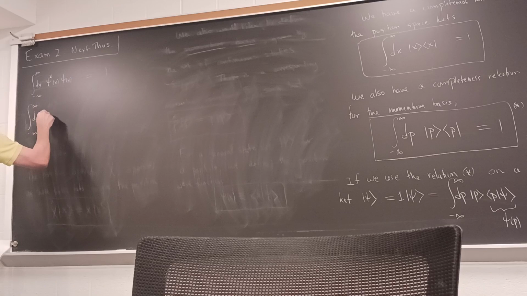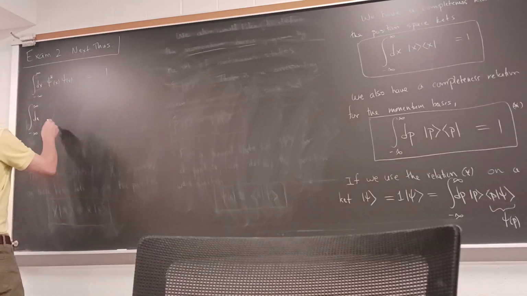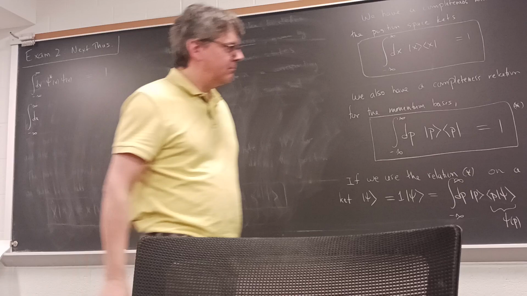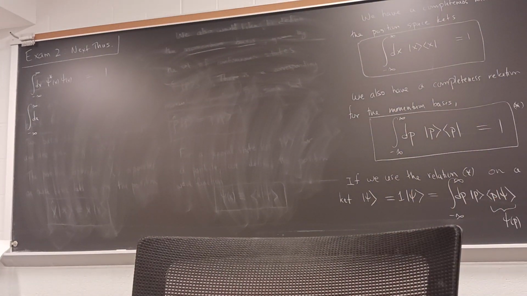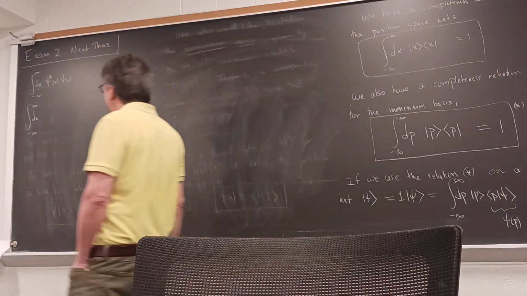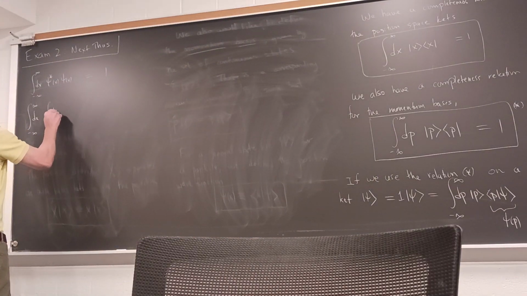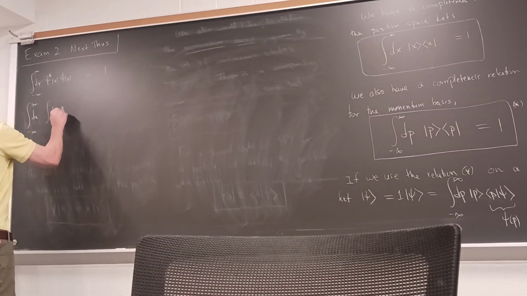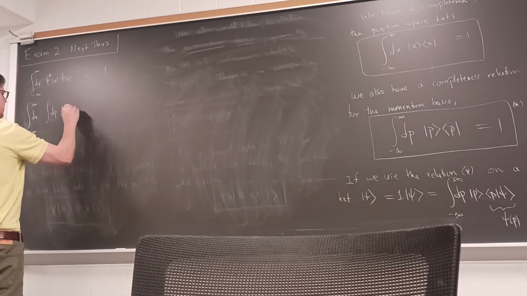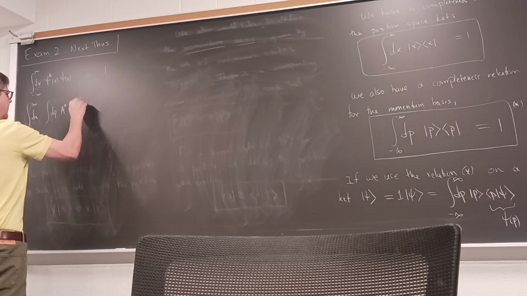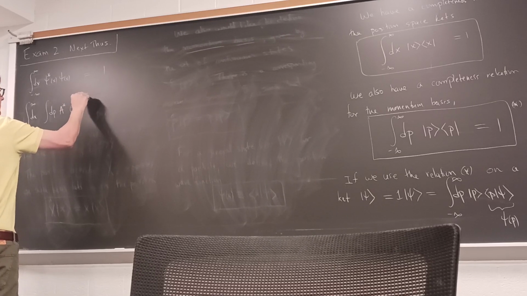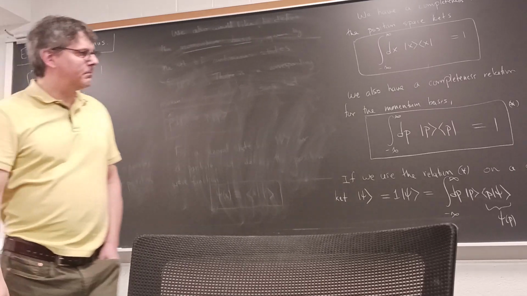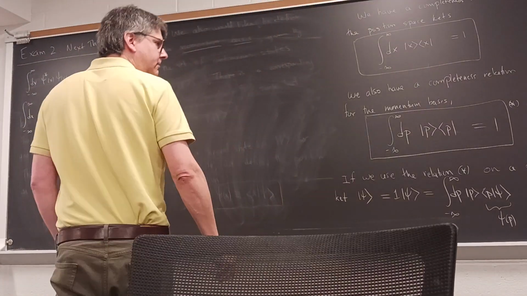Now, psi star of x, we just wrote that down as, sorry, let's see here. If that's got a plus i, this has a minus i. We can write this as the integral over dp a star e to the minus i over h bar px times psi of p.